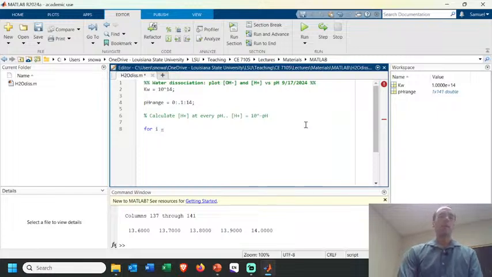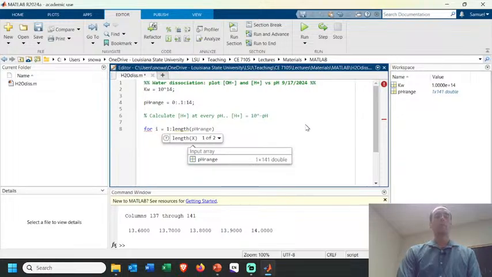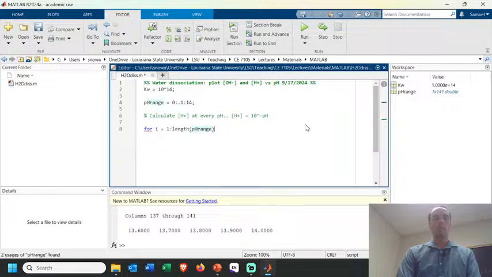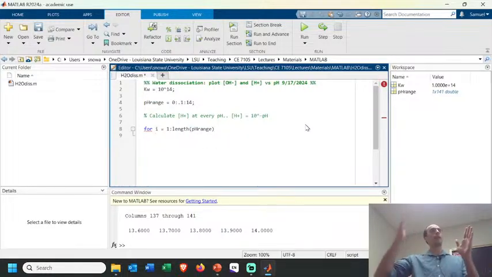So I'm going to say from I equals 1 to the length, that's a command we can use, of pH range. The length means how long this array is, and it's 141 long because it was 14 times 10, basically.